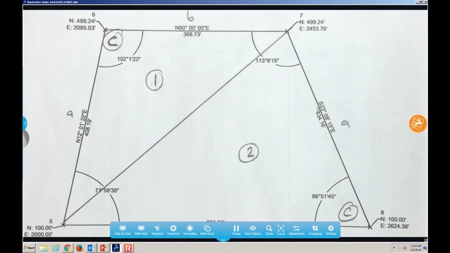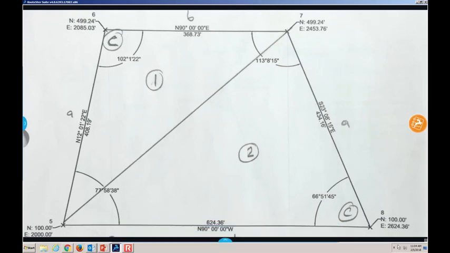There you go, so now you can see the numbers. I would go in the order that they are put around there, and you can even start your sheet. Start labeling it for the course if you want. So 5 to 6, 6 to 7, 7 to 8, 8 to 5.